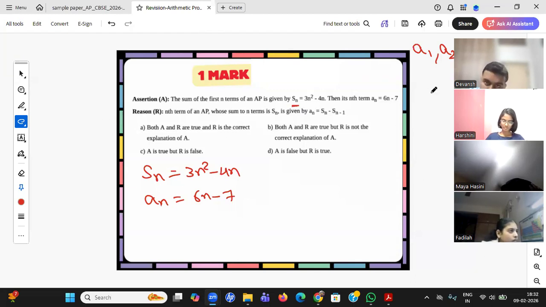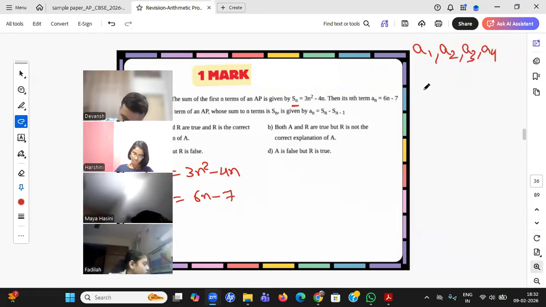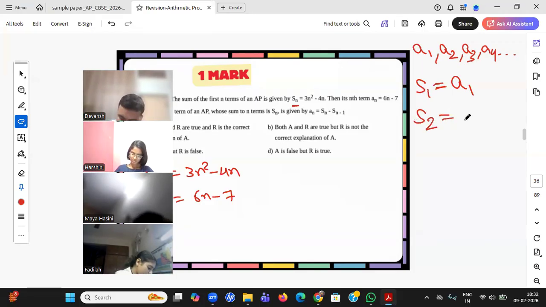Okay, so students, just concentrate here. Yes, Mega, what is S1 in the above arithmetic progression? If I say S1, what is S1? A1. Okay, students, sum of first term. What is first term? A1 itself. So S1 is A1. Sum of first term means only one term to add. What is S2, Mega? Sir, A1 plus A2. Very good.